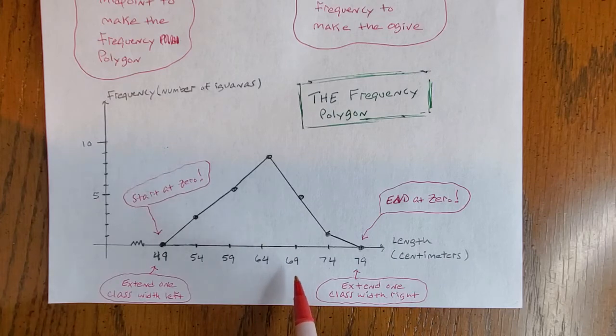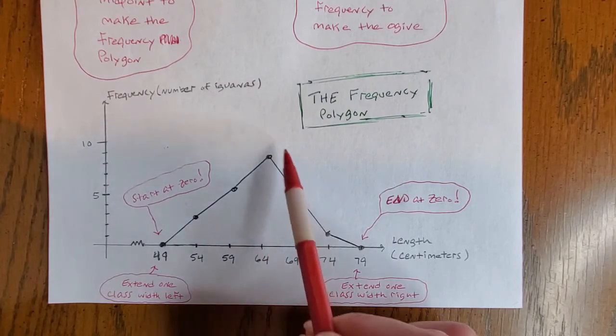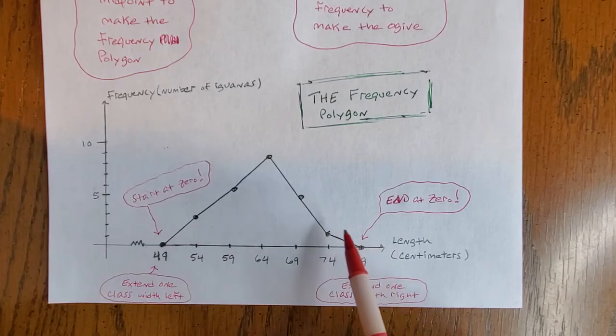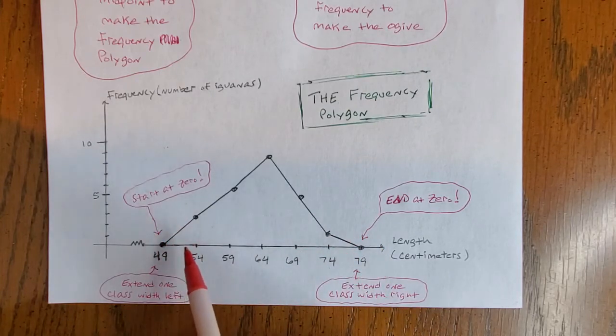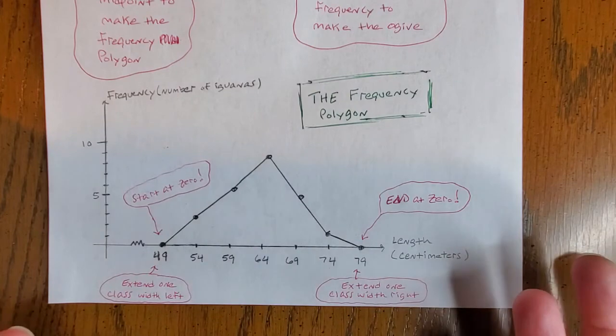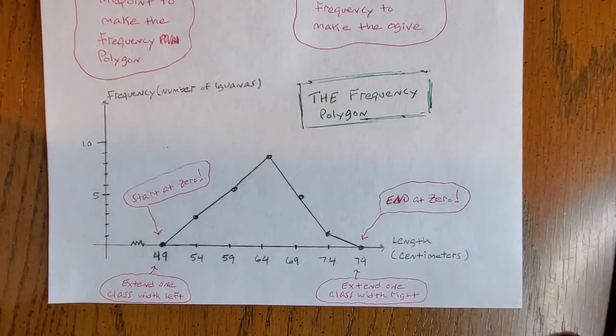And I said that's normally true with things you measure about people or animals, as most people are average or a little bit above average or a little bit below average. Very few people or animals are significantly above average or significantly below. That's just the way it tends to work out with most things that you measure with people and animals, okay? So, I can see that fairly easily in this frequency polygon, and that would be one of the objectives in having one in the first place.